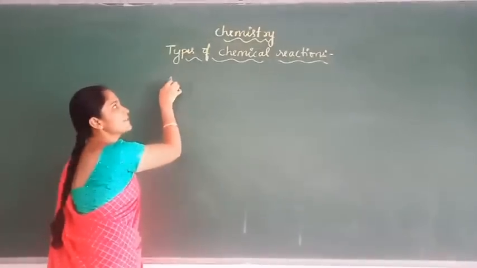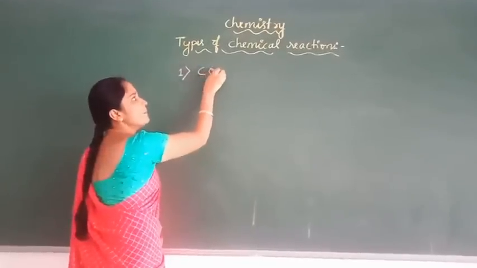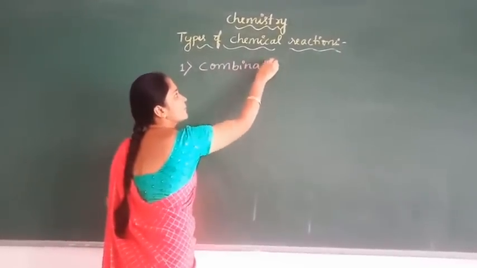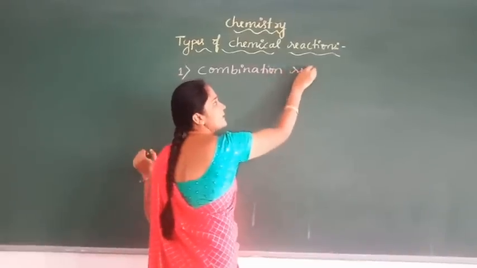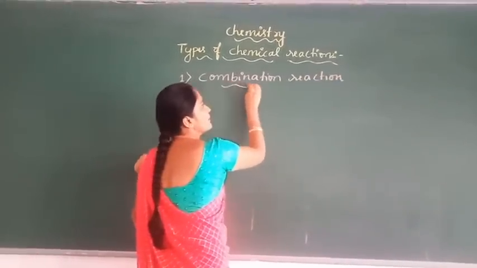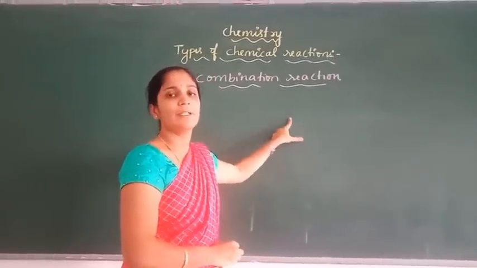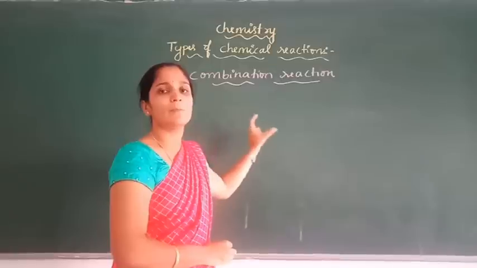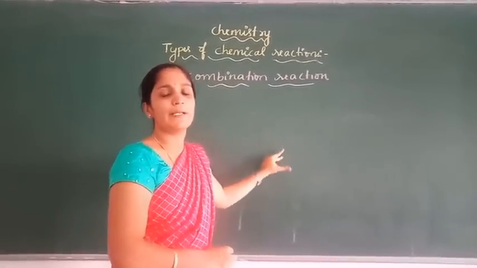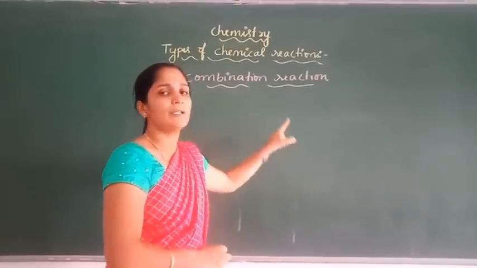Coming to the first type of chemical reaction, that is combination reaction. So what is combination reaction? It is a chemical reaction in which two or more substances can combine to give a single product are called combination reaction.